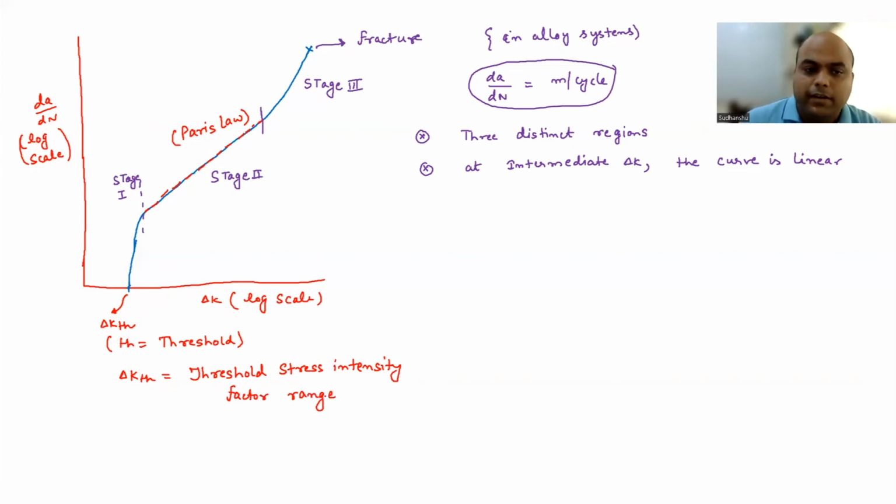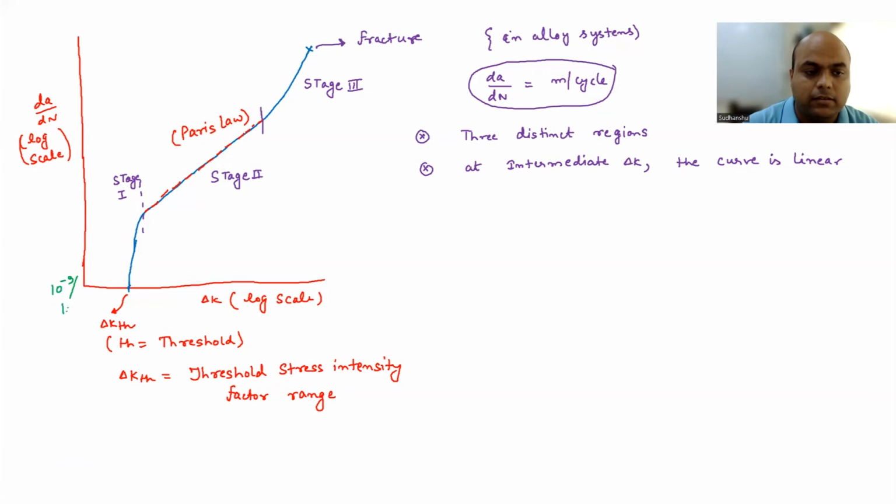Okay. And how do we know what is the value of delta KTH? It depends upon the value of dA by dN, right? So for all practical purposes, we assume that below delta KTH, the crack growth is not occurring.